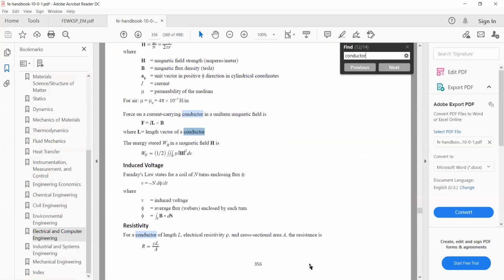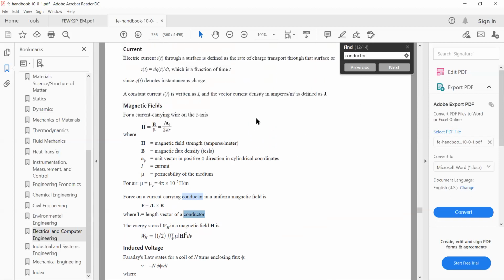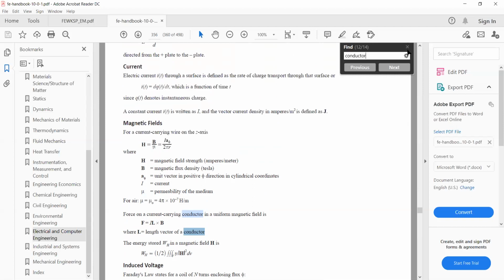We're being asked for the average electrons per second. Sorry, this is not a conductor, this is current carrying the wire. We can see if we can find the information we need. Current.